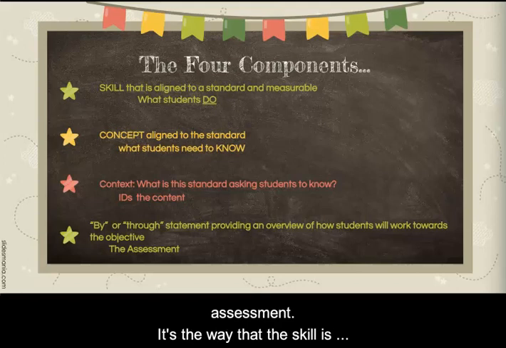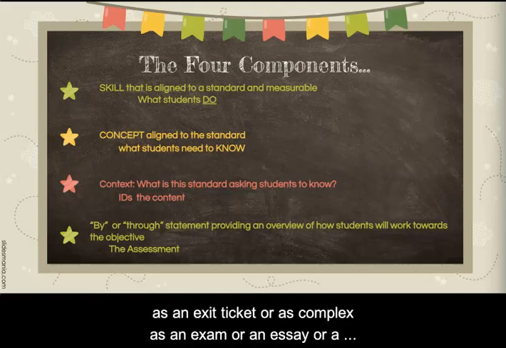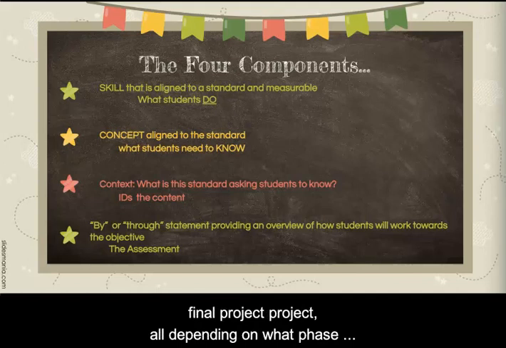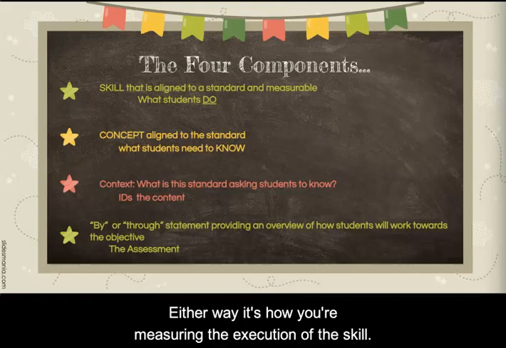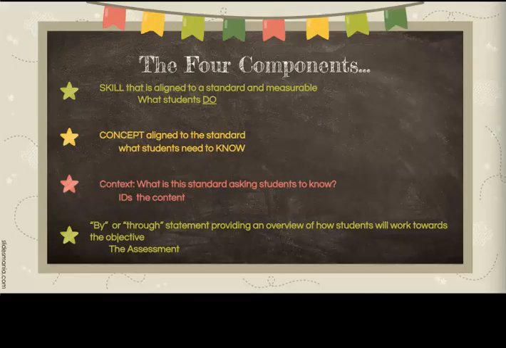It's the way that the skill is being measured. And this could be as simple as an exit ticket or as complex as an exam or an essay or a final project, all depending on what phase of a unit you're in. Either way, it's how you're measuring the execution of the skill.